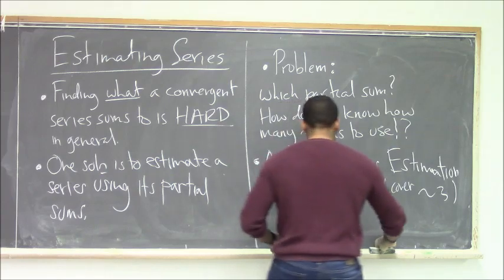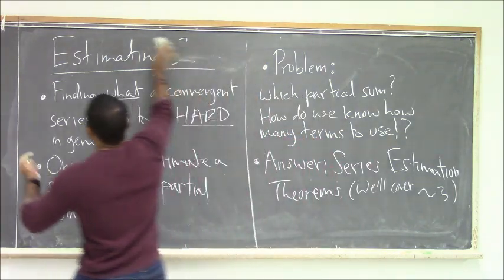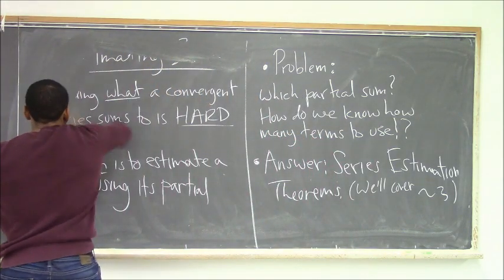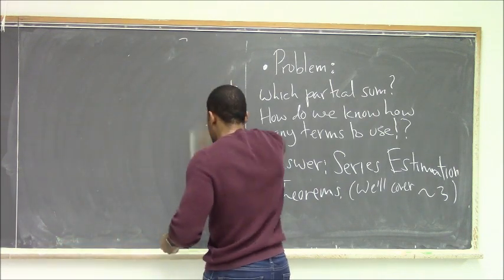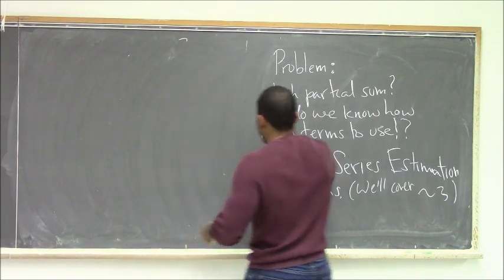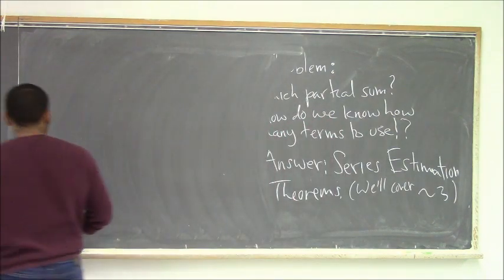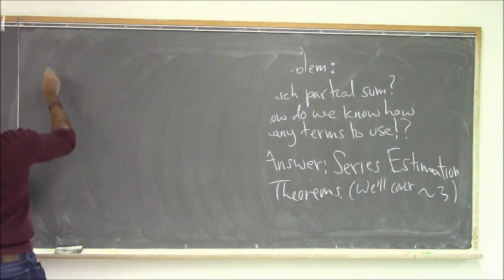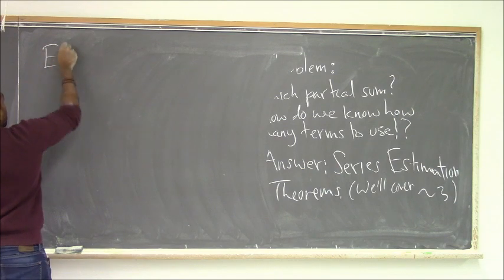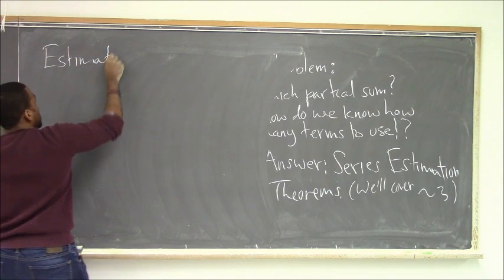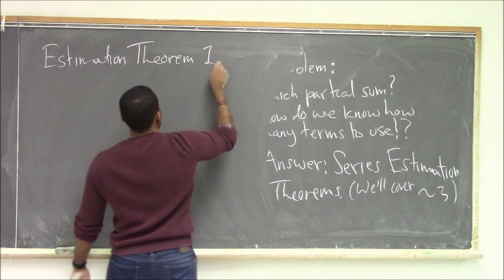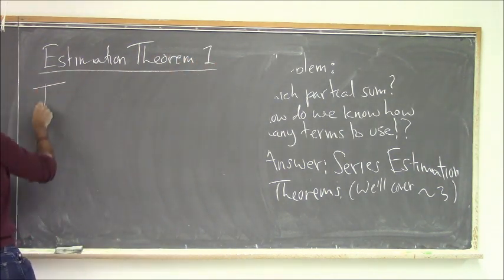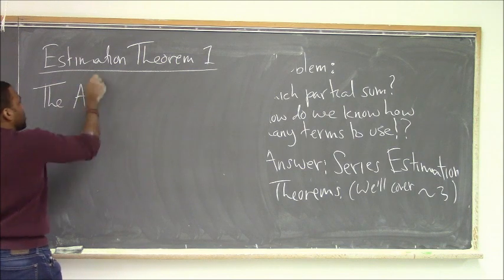And I'm going to give you several examples of doing that later, because we're going to use that in future topics. But for now, I just want to talk about one of them. So this is estimation theorem. One, the alternating series estimation theorem.